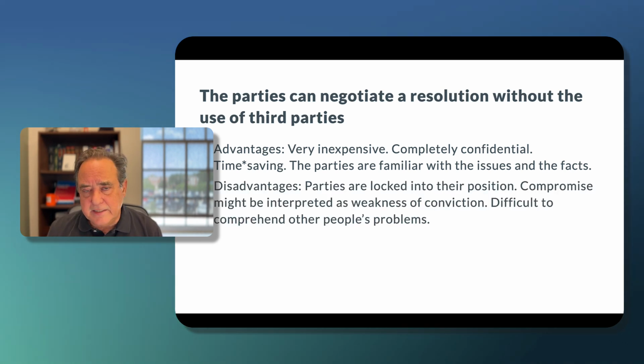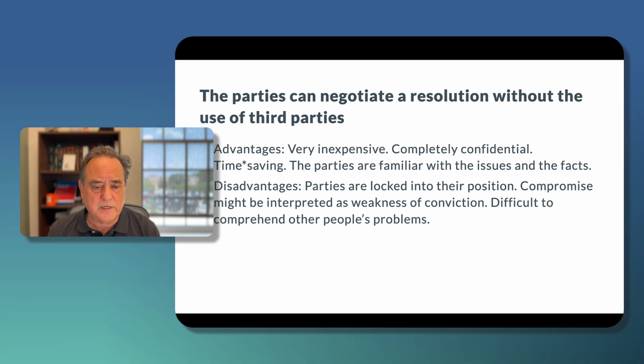However, there are disadvantages to negotiation, and this is why it is sometimes difficult to negotiate a resolution. The first is that parties can become locked into their position.